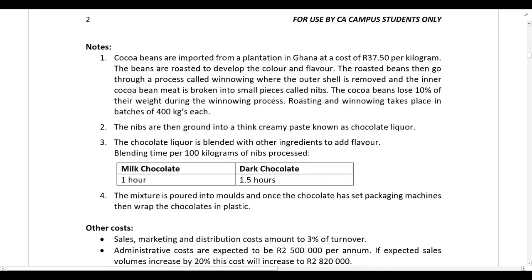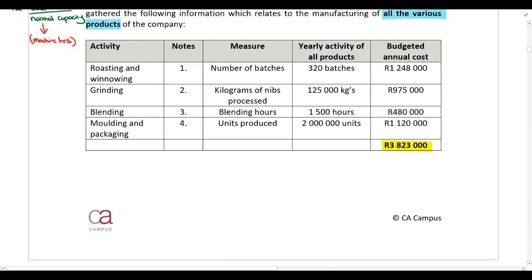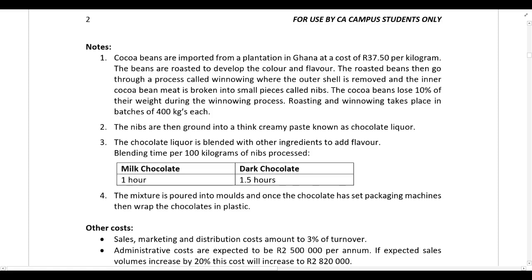Then on the next page we have some notes, and you can see that these notes tie into the information provided on the previous page. So first, in note 1 we are given more information relating to roasting and winnowing. Cocoa beans are imported from a plantation in Ghana at a cost of R37.50 per kilogram.